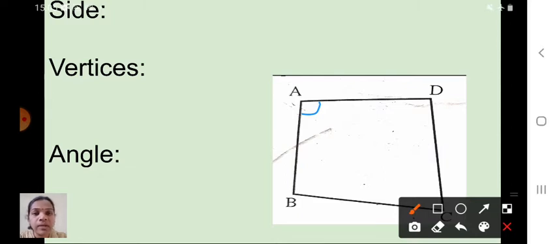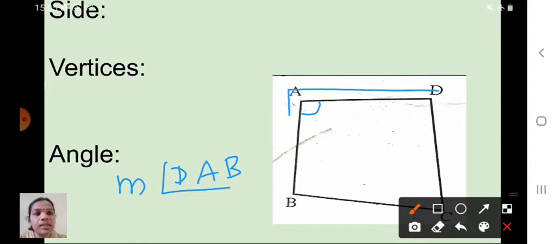How do I have to write it? Normally 3 letters we use, isn't it, children? You already studied that in your 5th standard. Measurement of angle A is written as DAB. The letter of the angle you mention should be in the middle. Now, how do we mention angle D?